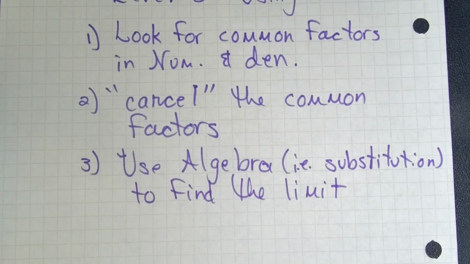When you're done copying that down, take out your example sheet. On the front, where it says limit 2 on the right of the table. That's where we're going.